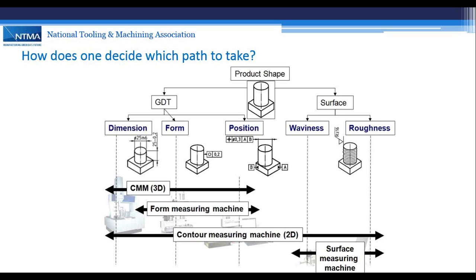So the flow path chart doesn't always make a clear final decision. We need these more further inputs to make it more clear for us to decide.